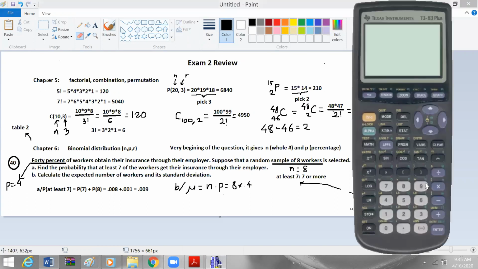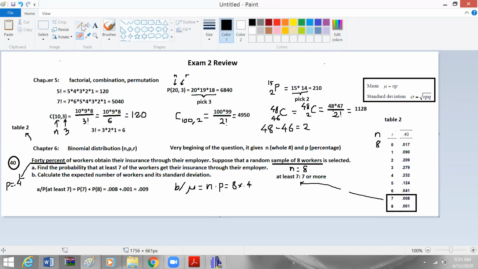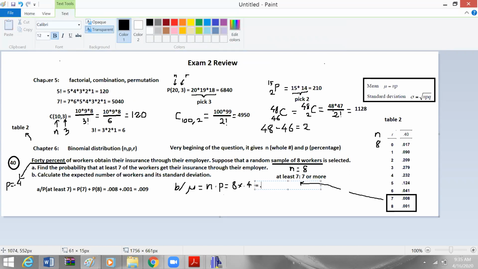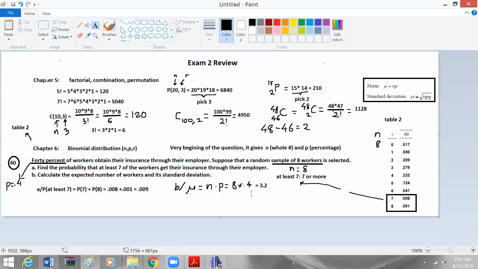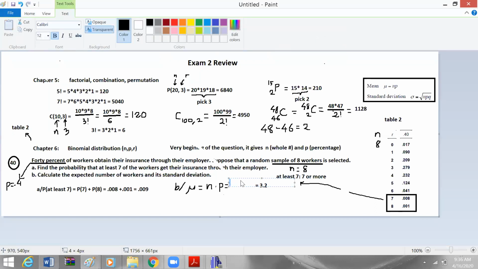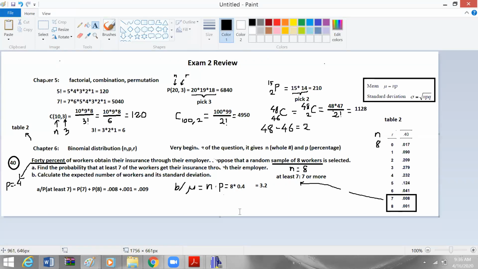We're going to get the answer 3.2, right? So the answer would be 3.2. Okay, so let me just rewrite them. 8 times 0.4, using the letters is easier. So I take 8 times 0.4, and we're going to get 3.2.